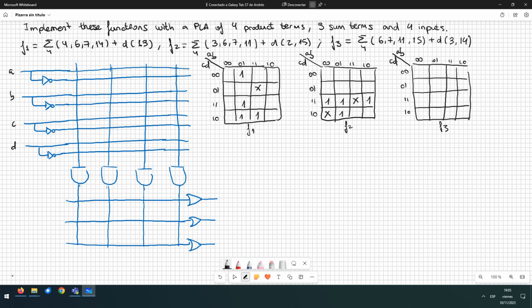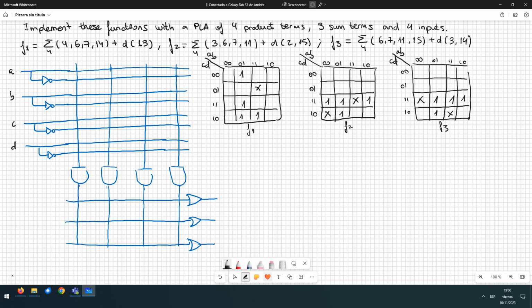And finally, in F3 we have min terms in the 6, 7, 11, and 15, and don't care in the 3 and the 14.